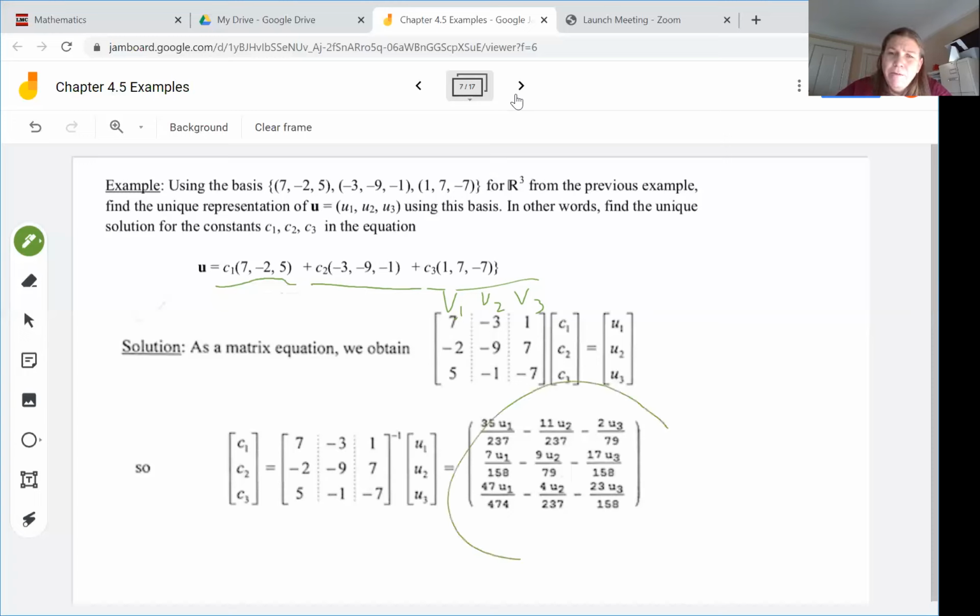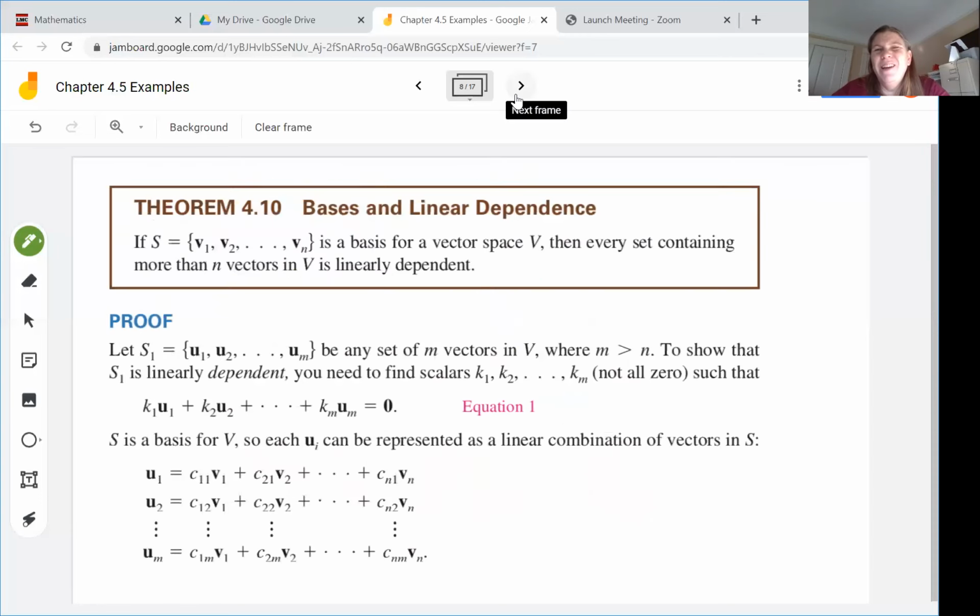So we end up with a formula that you could use to find each constant c1, c2, c3, depending on the individual components of vector u, where u is an arbitrary vector. So we see this is unique. There's a unique equation to find each constant c1, c2, c3. And note I'm using constant and scalar interchangeably here because our scalars are real numbers, so they're what we think of as constants.